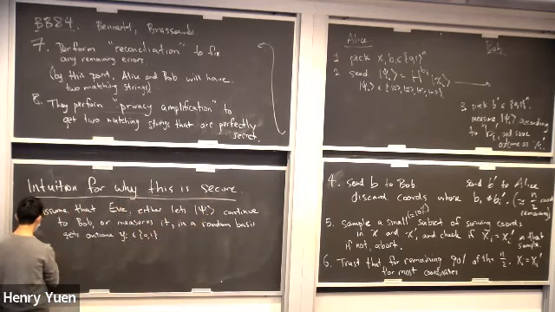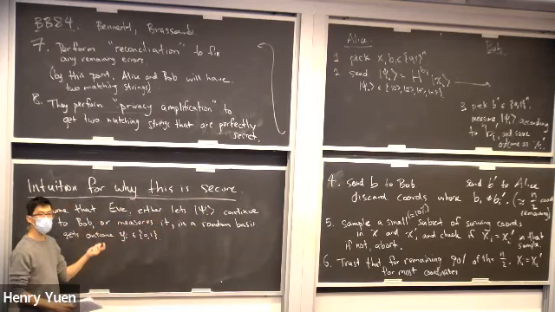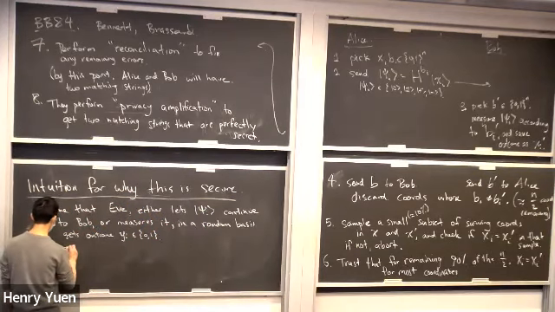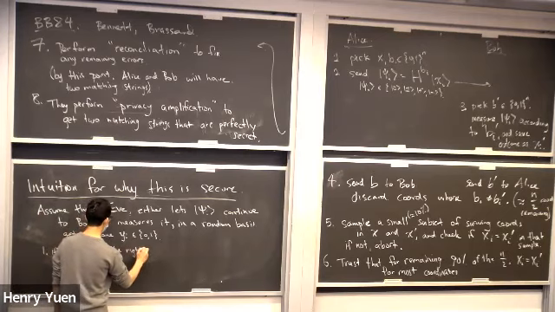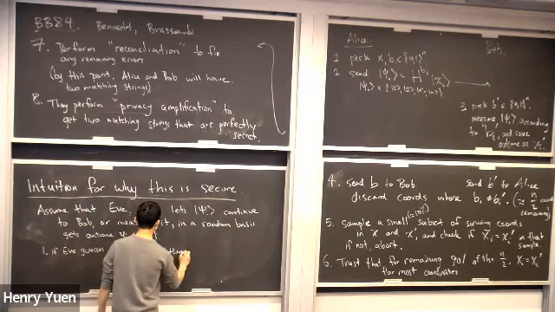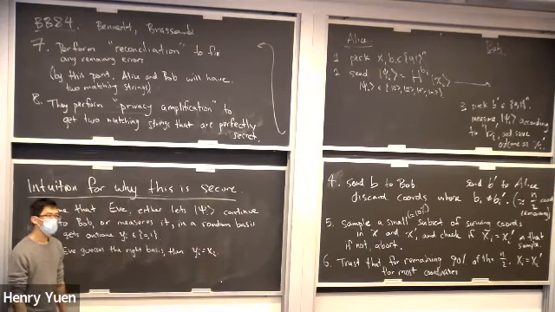Well, with probability 1/2, she's going to get the wrong basis choice, right? If Eve guesses the right basis, then yi is going to be equal to xi, right?